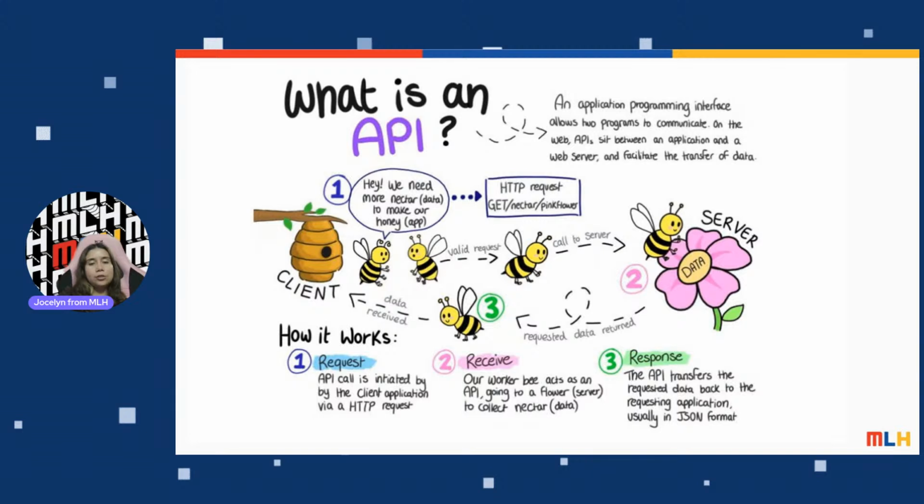So again, this is a three-step process: we are requesting information and we are getting a response. In a while, you will see how this works on an API like Moondream, which is a super easy API for beginners as well. And that's all you need to know: it's a request-response method.